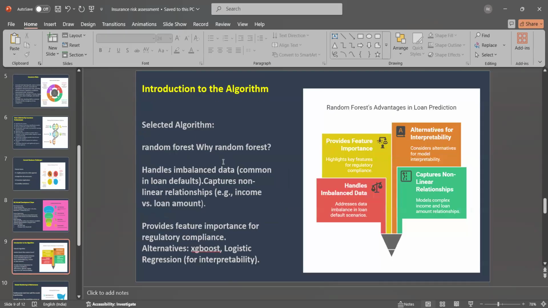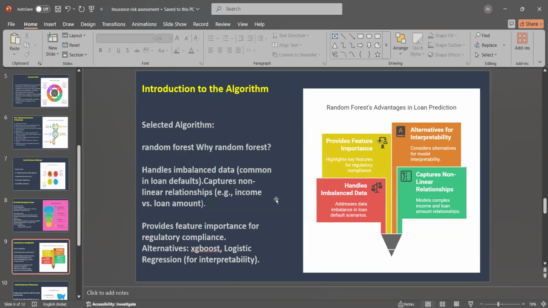Introduction to the algorithm. Here I use the random forest algorithm. Why random forest? The random forest handles imbalanced data, which is common in the claim process. It captures non-linear relationships, such as income and policy approval.